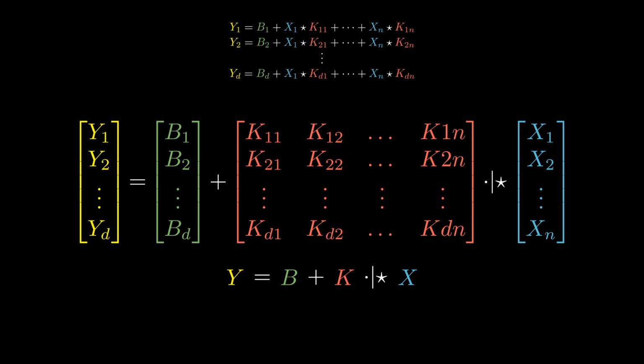So, what I'm trying to say is that the convolutional layer is nothing but a generalization of the dense layer, or rather, the dense layer is a particular case of the convolutional layer. Isn't it crazy? Anyways, let's go back to what we were doing, that is, implementing the forward method.